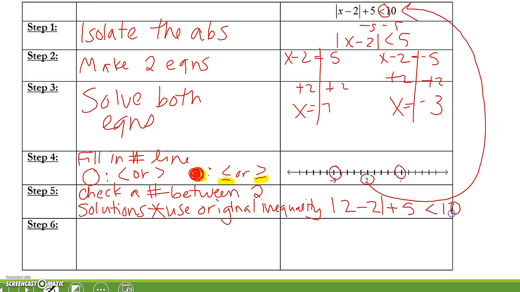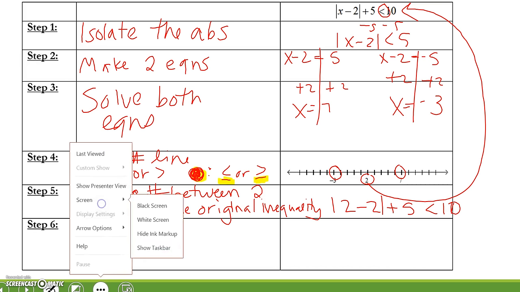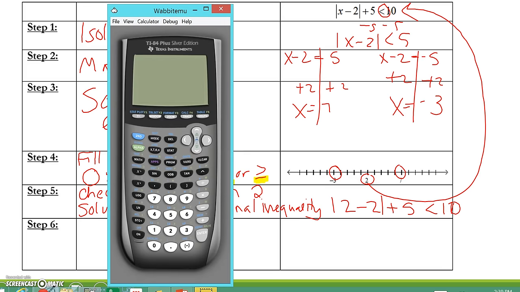And so I can go and grab my calculator. And I'm going to plug it in. So 2 minus 2, absolute value, plus 5, and I get 5.